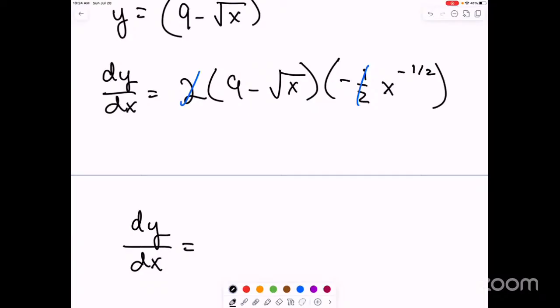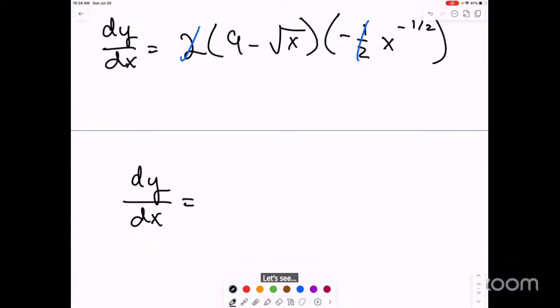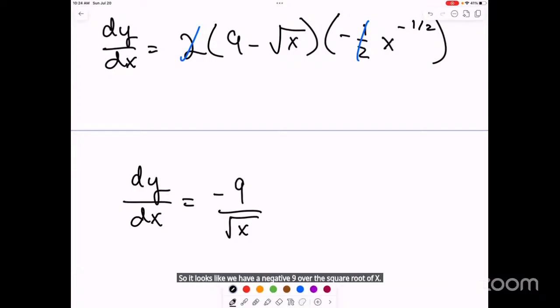So it looks like we have a negative 9 over the square root of x, minus 1. Nope, double negative is a positive, so plus 1.